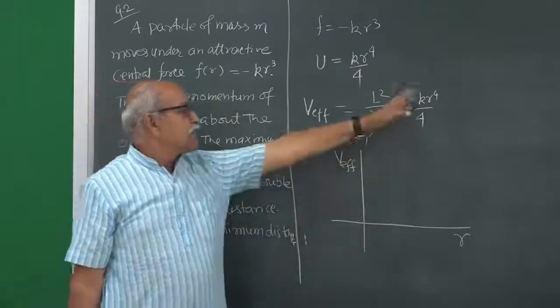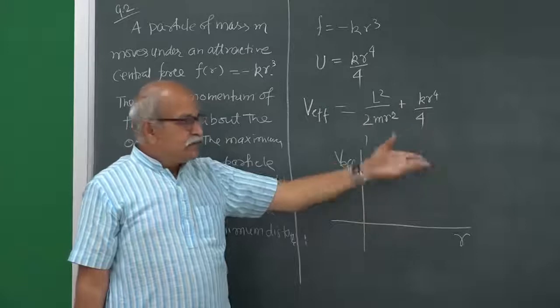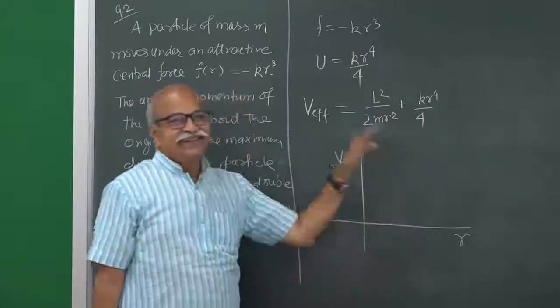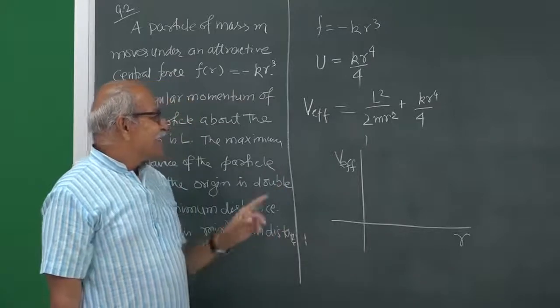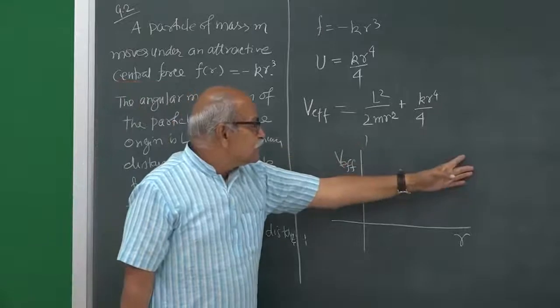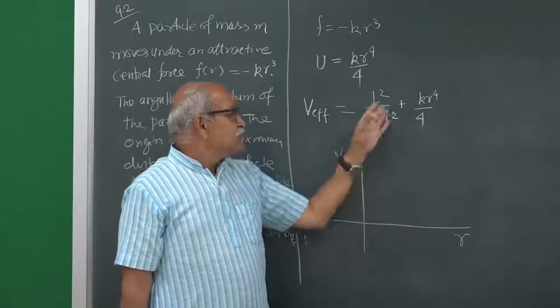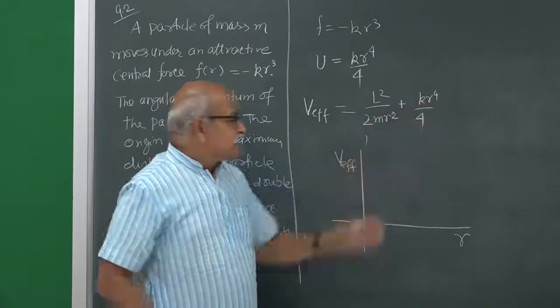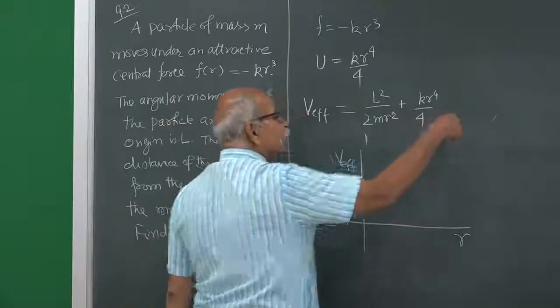All the time it is positive, r square here, r 4 here, all the time it is positive. I do not have to find the point where it crosses the r axis. And of course, I can look at the large r values. For large r values, this will be 0, but this will go to infinity. So, it starts from infinity and it goes up to infinity.